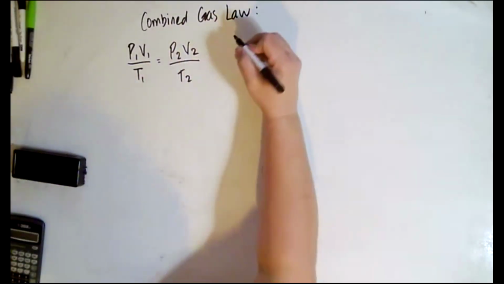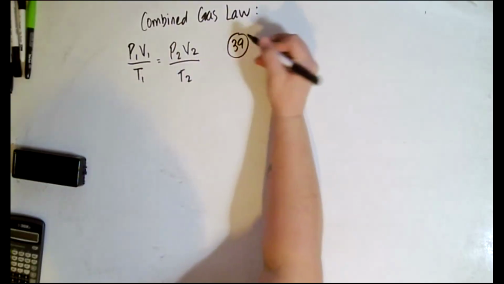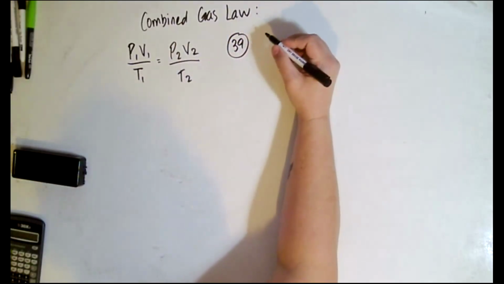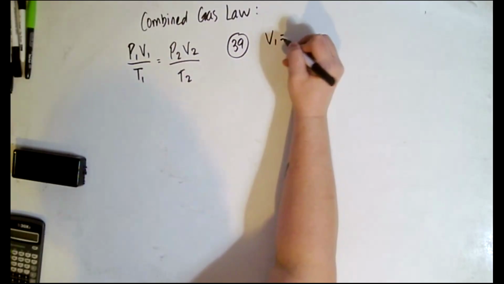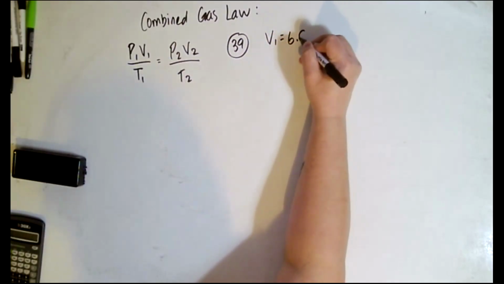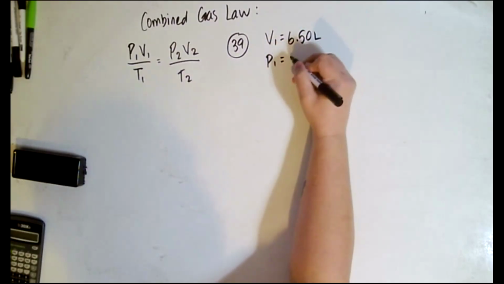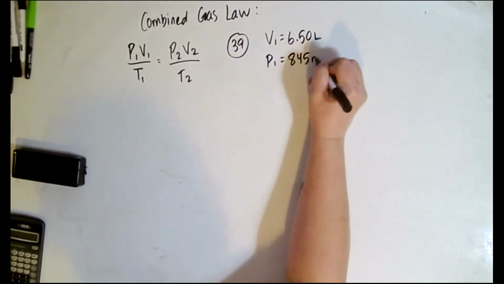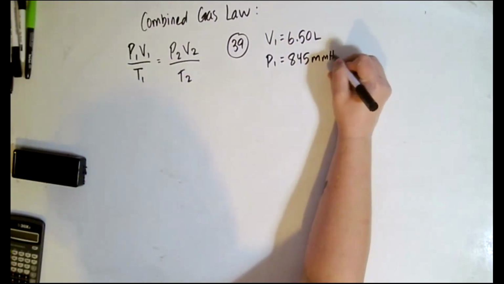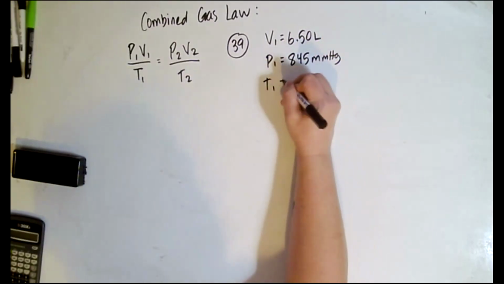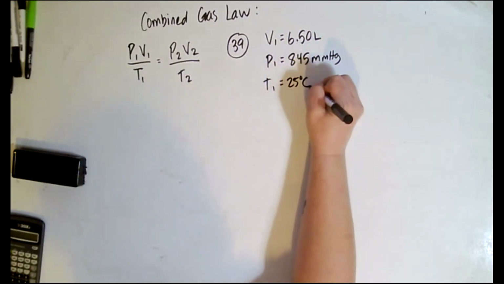So for question number 39, they tell us that we're starting with a volume of 6.50 liters at a pressure of 845 millimeters of mercury and a temperature of 25 degrees Celsius.